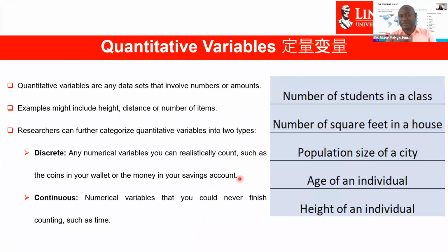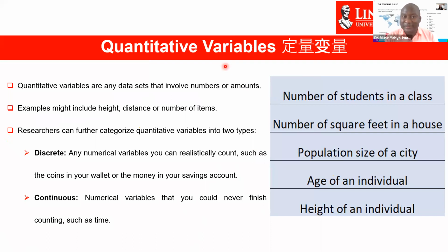Then we have quantitative variables. Quantitative variables are any data sets that involve numbers or amounts. Examples might include height, distance, or number of items. Researchers can further categorize quantitative variables into two types.